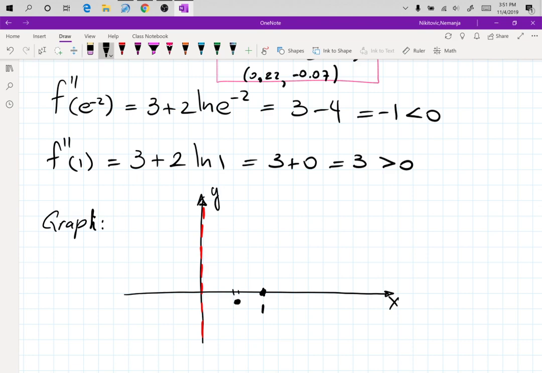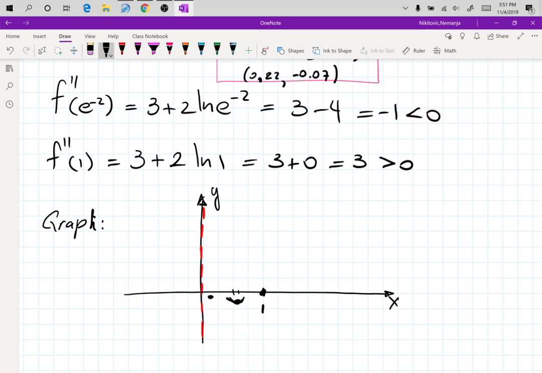That's our minimum, so it's going to be a smiley face. Then we are going to have 0.22. Well, that's here. It's still too small, but it's hard to see.